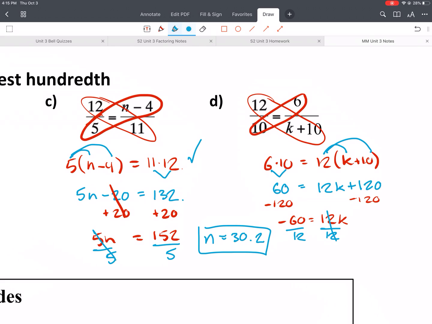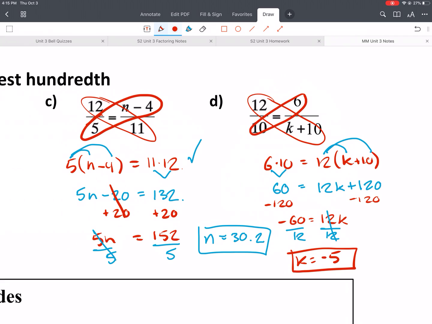You'd end up getting k equals negative 60 divided by 12, which gives us negative 5. Okay, so again, you may say, oh, is that right? We have a negative? If we're ever questioning, we can always plug it back in.